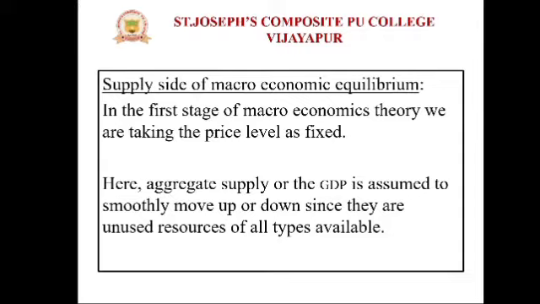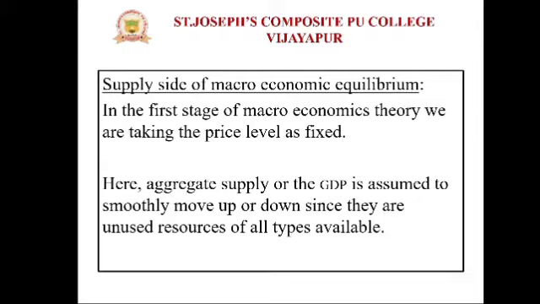In the first stage of macroeconomic theory, we take the price level as fixed. Here, aggregate supply or the GDP is assumed to smoothly move up or down, since unused resources of all types are available.